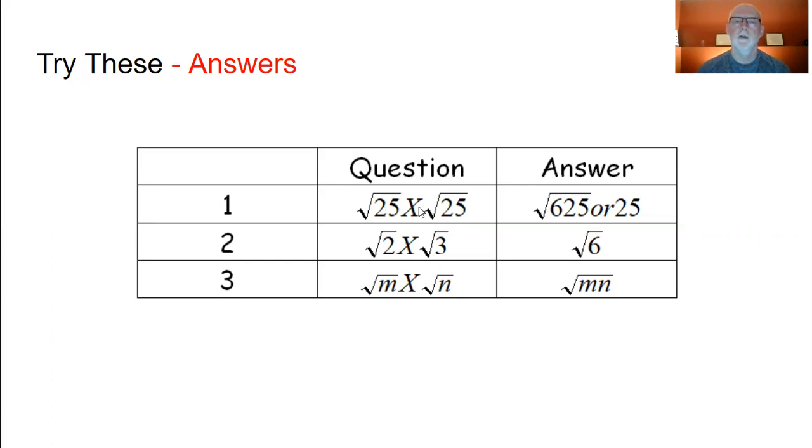So root 25 times root 25 is the same as root 625, which is the same as 25. Root 2 times root 3 would be equal to root 6. Multiply the radicands. And root m times root n would be the square root of m times n.